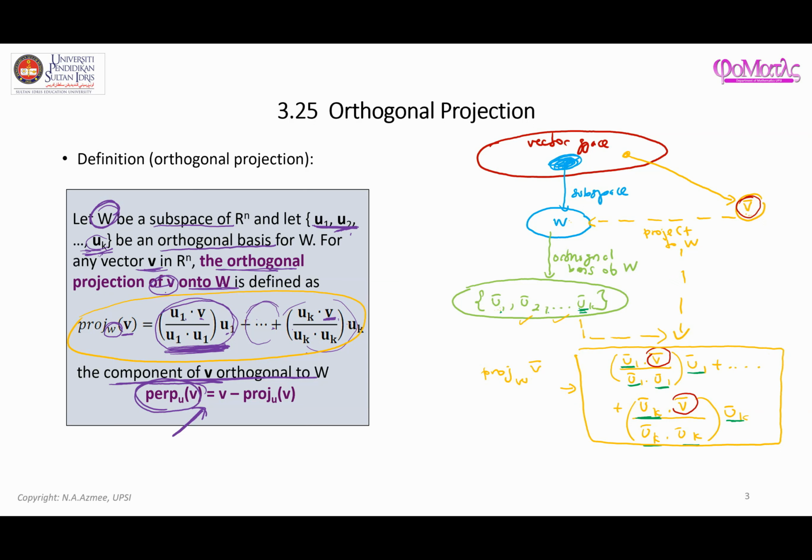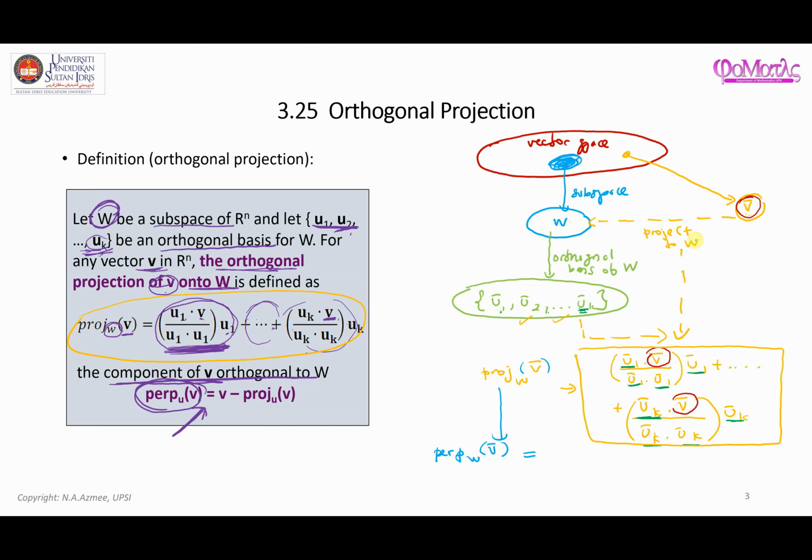Once you are able to get that, from here you will also be able to get the component of vector v perpendicular to this subspace W. And to know this answer, it is easy.